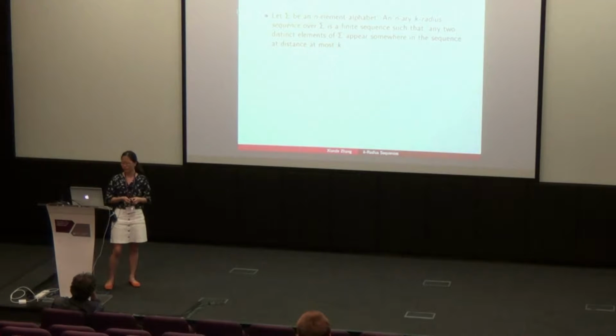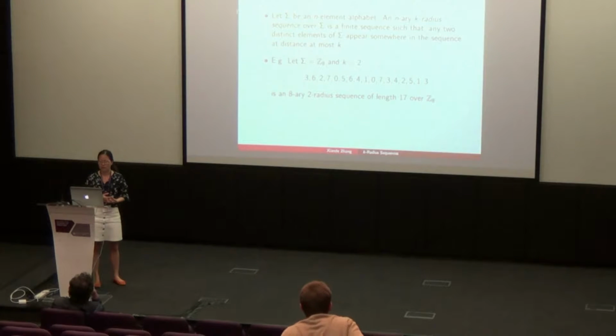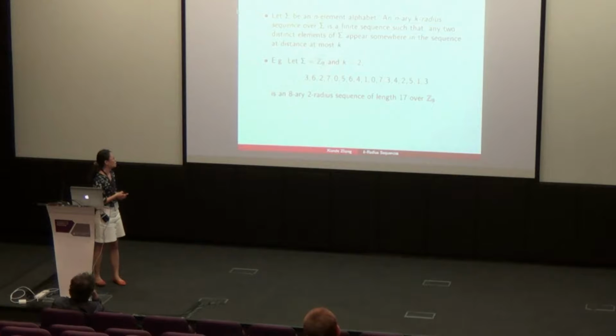Let's look at a very simple example. Sigma here is the cyclic group Z8, and k equals 2. We should check the pairs of two distinct elements in this sequence of distance 1 or 2. For example, 3, 6 here have distance 1, 3, 2 here have distance 2, and so on.